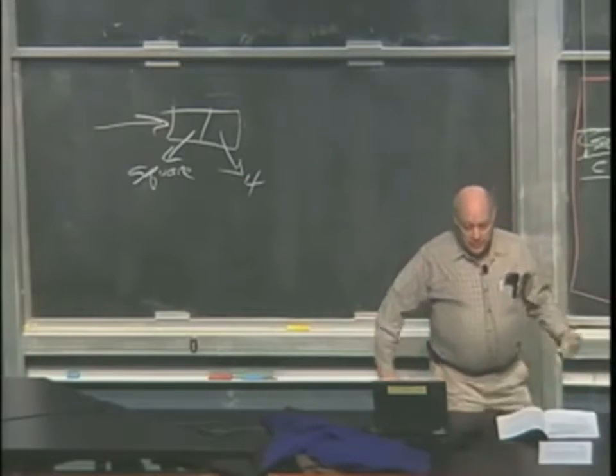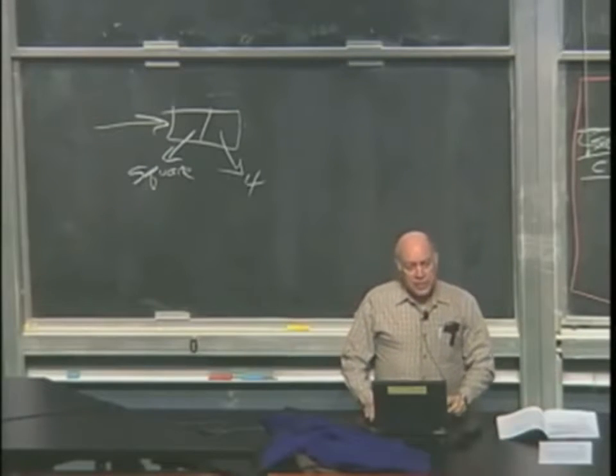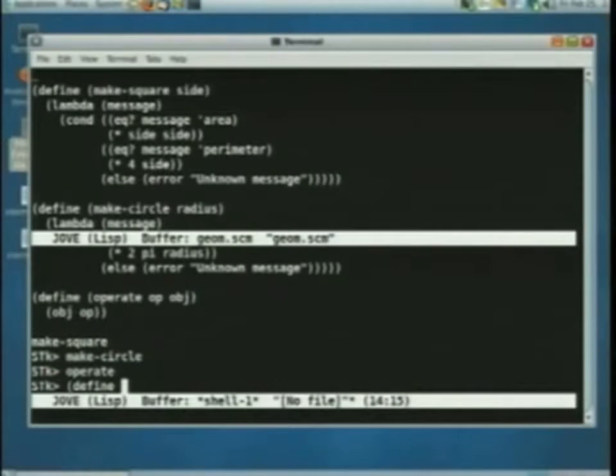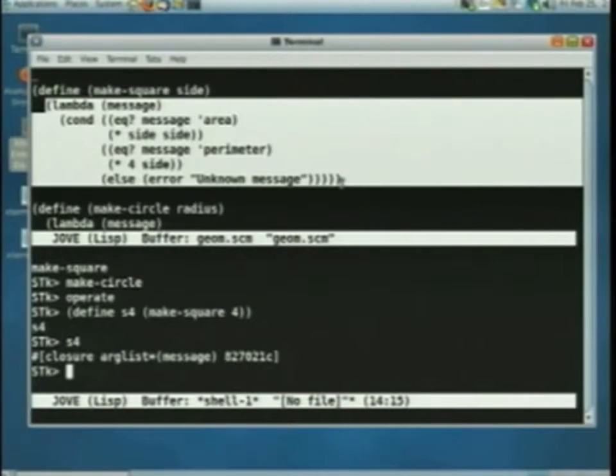Okay, and that would be the shape. And now what we're doing is we're going to represent shapes as procedures. So if I say define S4 to make square 4, what's the value of S4? Well, it's a procedure. It is, to be exact, this procedure with 4 substituted for side.